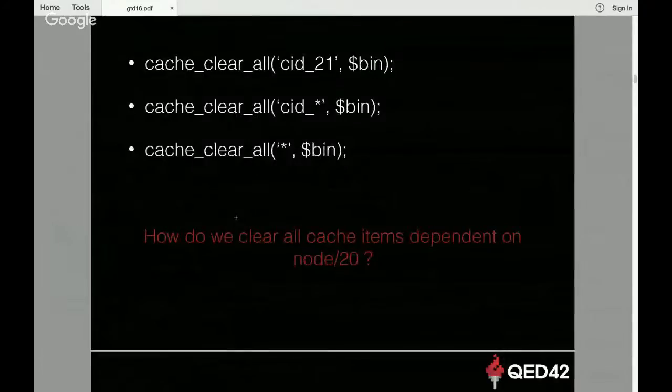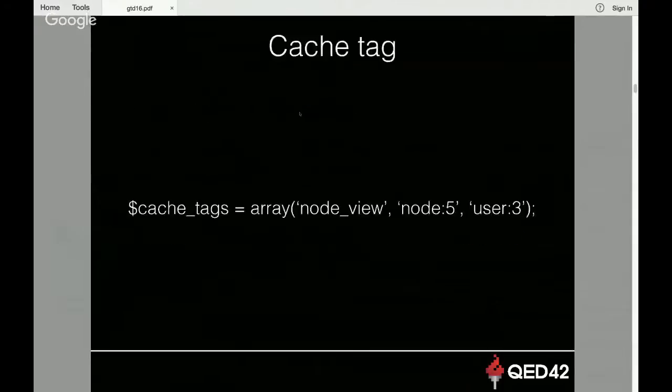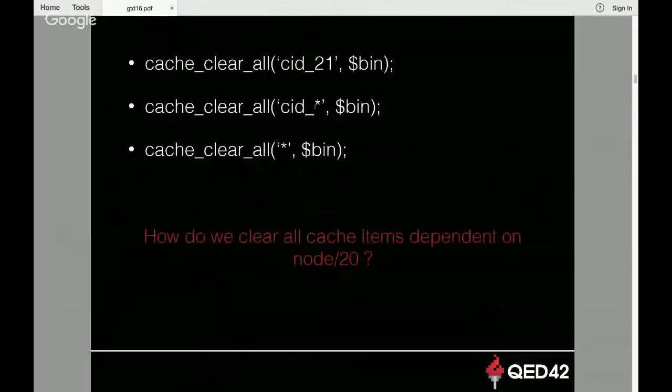The reason behind this is the cache clearing mechanisms available in Drupal 7. You could clear a specific cache ID, or you could do wildcard-based clearing, like CID underscore asterisk, which deletes all the cache IDs that have that pattern. Or you could delete the entire cache, that is just clear all, basically.